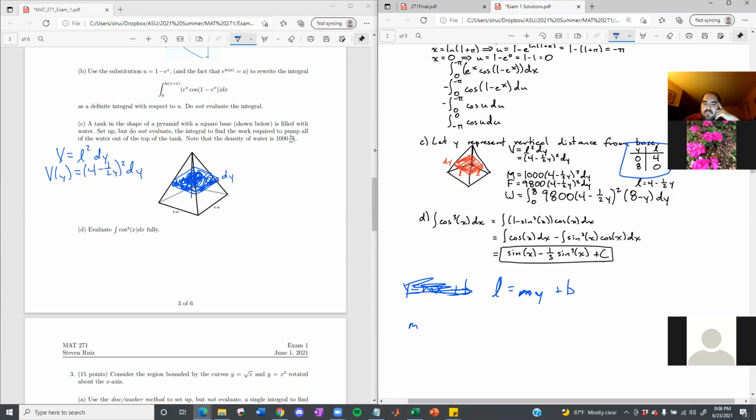So my slope is going to be equal to L2 minus L1 over Y2 minus Y1. So 0 minus 8 over 4 minus 0. That gives me negative 8 over 4, which is negative 2.